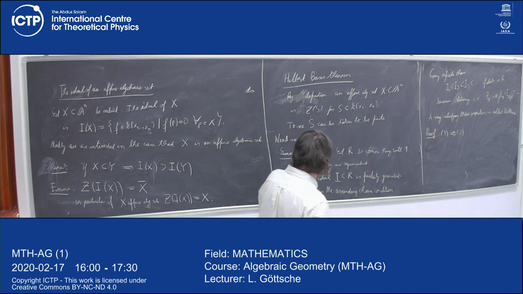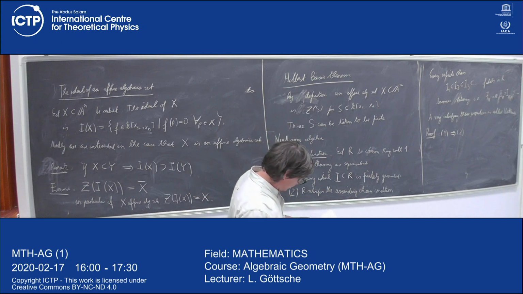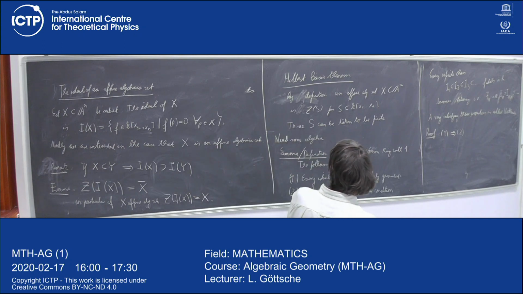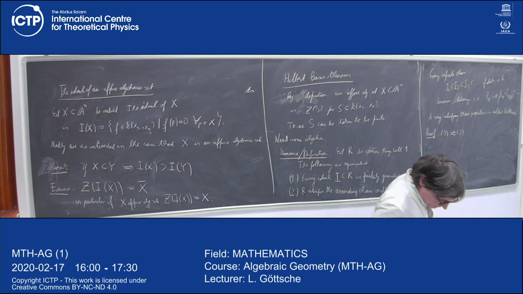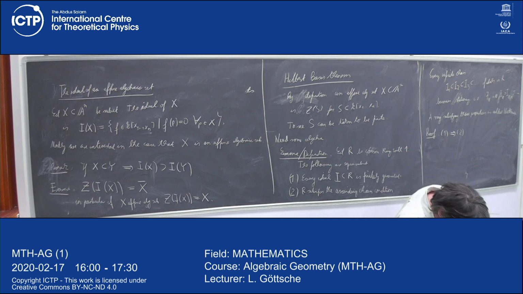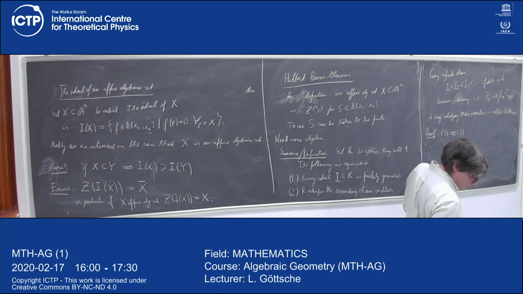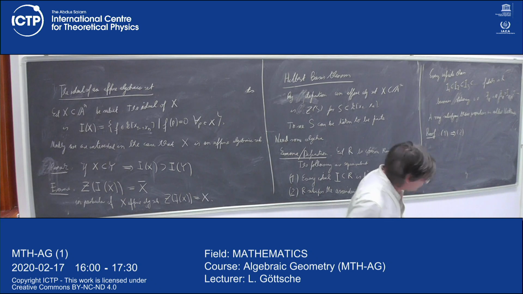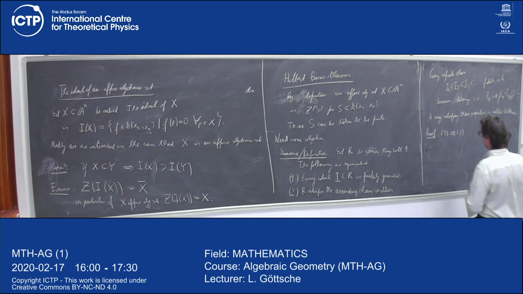So assume that our ring is such that every ideal is finitely generated. So assume 1.